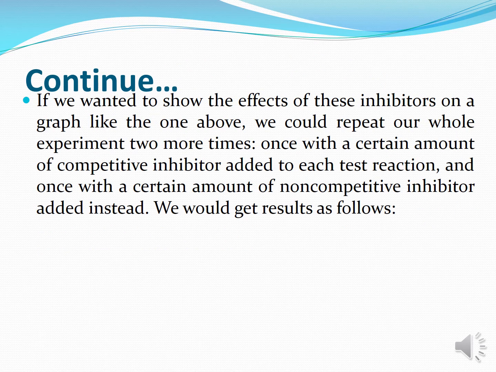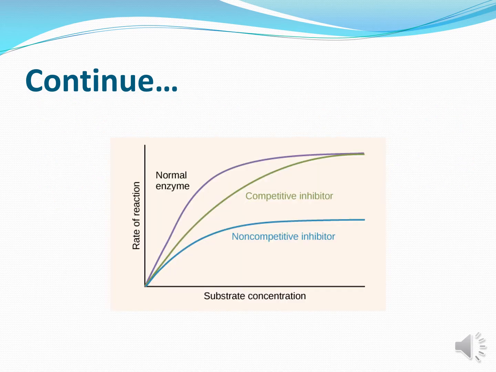If we wanted to show the effects of these inhibitors on a graph, that will be shown in the next slides, once with a certain amount of competitive inhibitor added to each test reaction and once with a certain amount of non-competitive inhibitor added, we get these results.